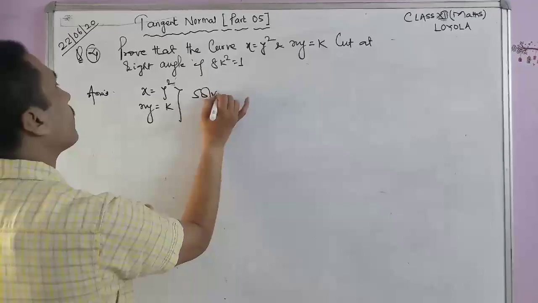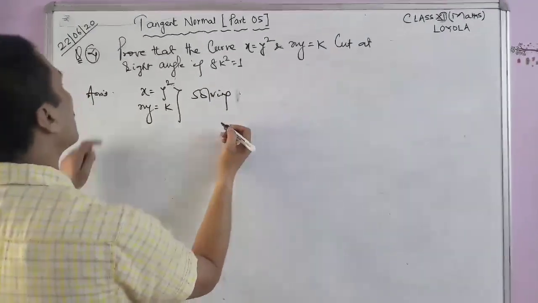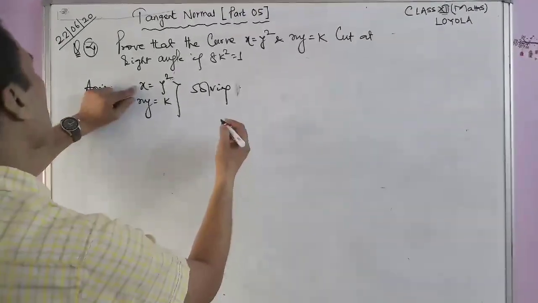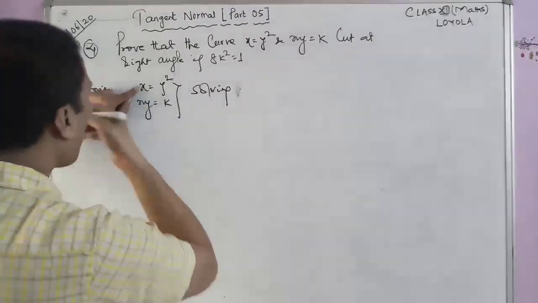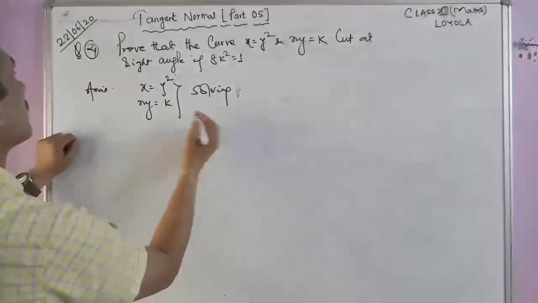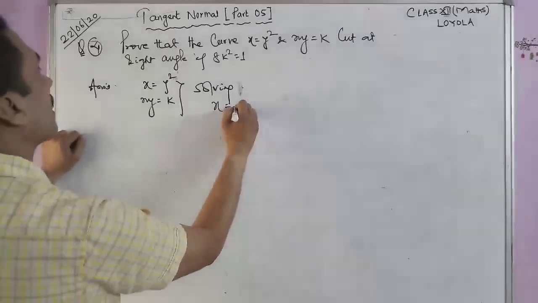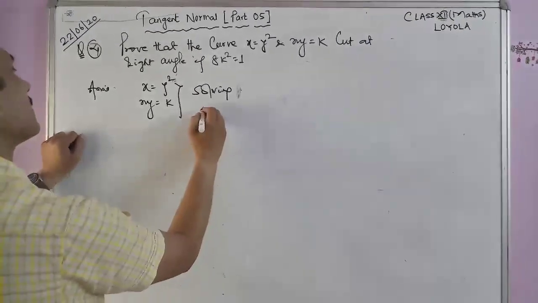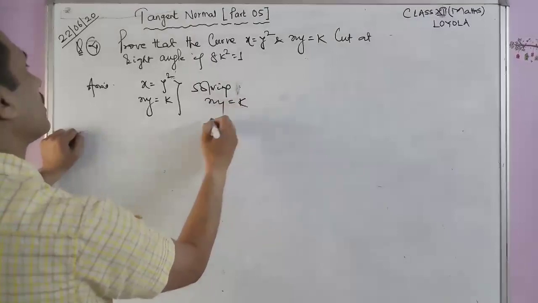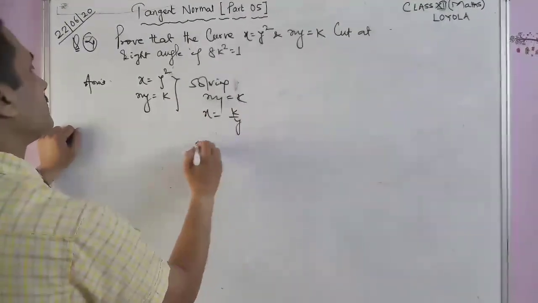For the point of intersection, from second equation, xy equal to k, so x equal k upon y.